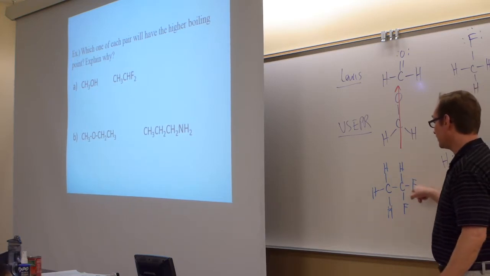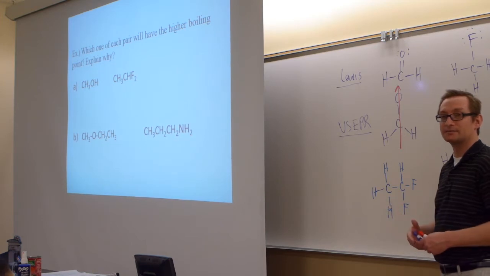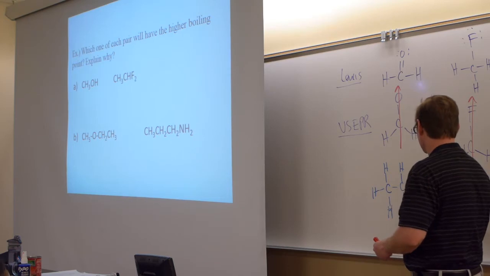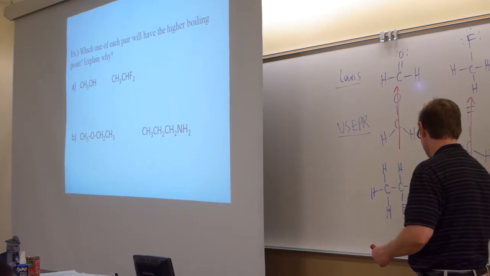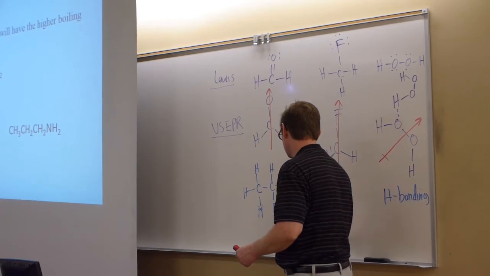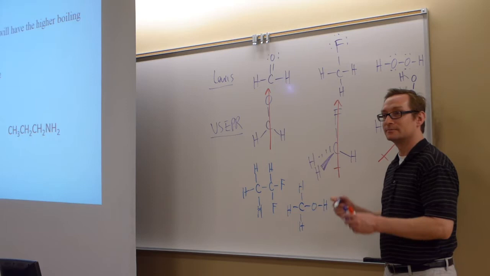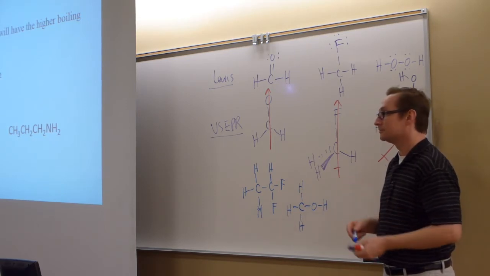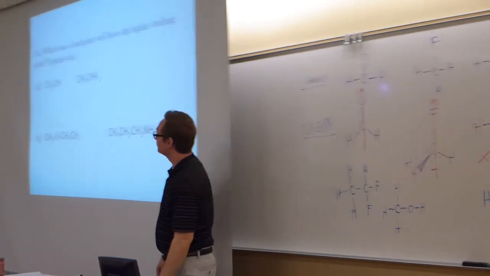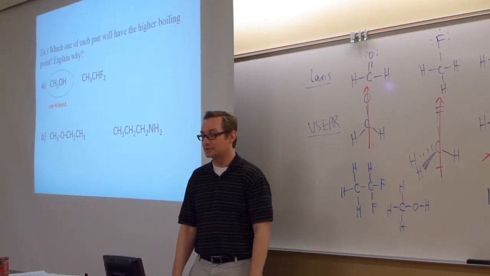So there's no way that hydrogen's on the fluorines, and therefore you don't have hydrogen bonding. Whereas with methanol, right, here's methanol. The H is actually on the oxygen. So the winner for those two would be what? CH3OH, right? So that can H bond, the other one can't.